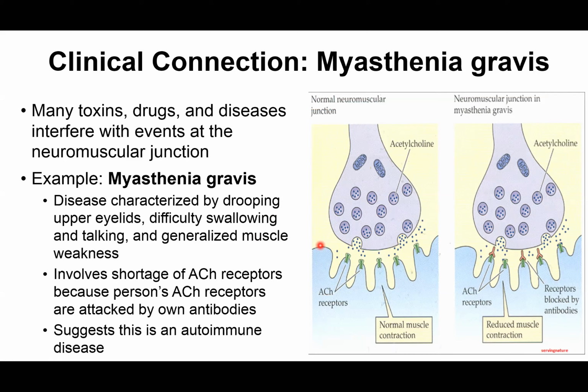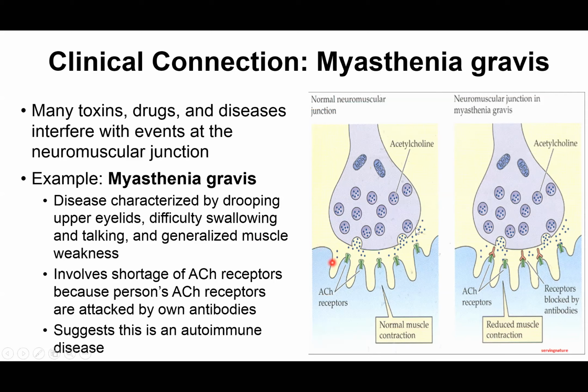But essentially, the pathophys that's occurring here is that there's a shortage of acetylcholine receptors because the receptors get attacked by the person's own antibodies. This suggests that myasthenia gravis is an autoimmune disease.